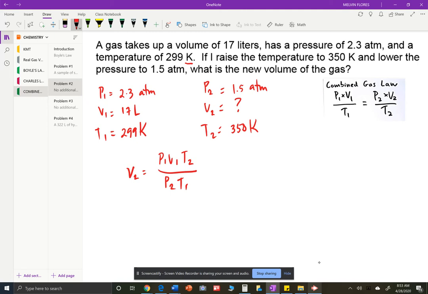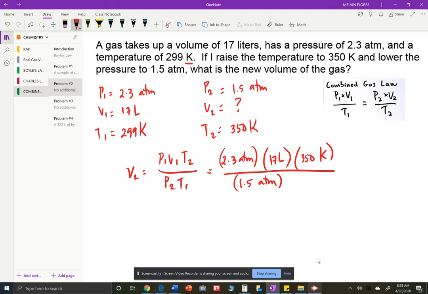Our P1 is 2.3 atm times V1, which is 17 liters, times T2, which is 350 K, then divided by P2, which is 1.5 atm, times T1, which is 299 K. So make sure to cancel out the units that are not required.